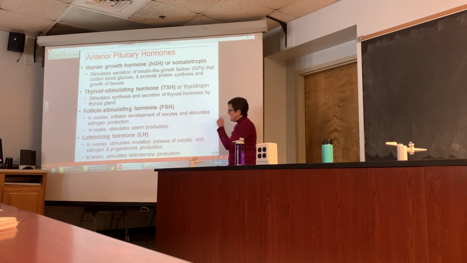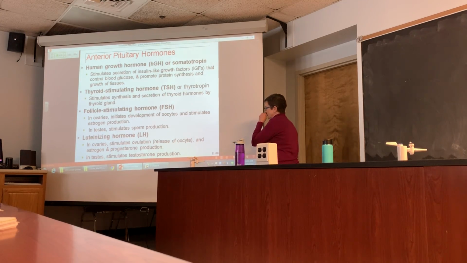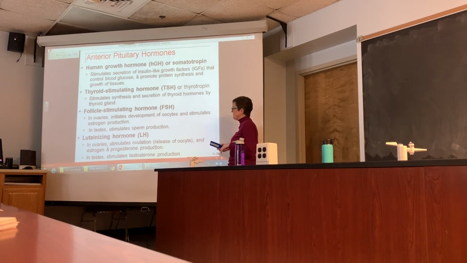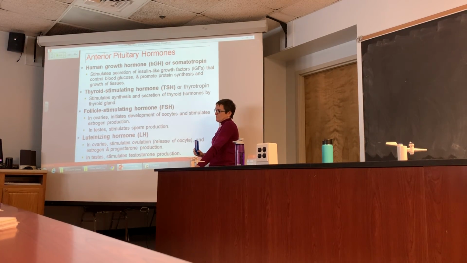Luteinizing hormone, LH, and notice a lot of these have abbreviations because they're such long names, so you should know the abbreviations and what they mean. Luteinizing hormone stimulates ovulation, which is the release of the egg. It also stimulates estrogen and progesterone production as well. In men, it stimulates testosterone production. So, different effects there.